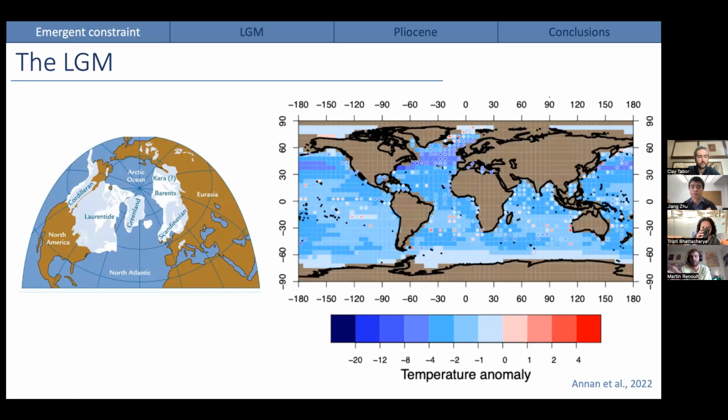On the right here is a temperature reconstruction that is quite recent, from 2022 by Annan et al., where you can see that all those colorful dots are geologically reconstructed temperature data you can actually use. And then by using this kind of statistical filtering method, you can build those global last glacial maximum temperature reconstructions.